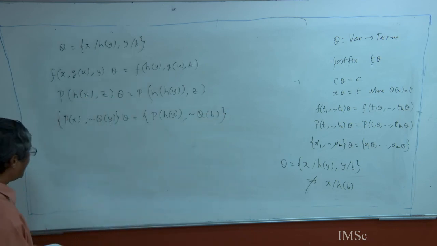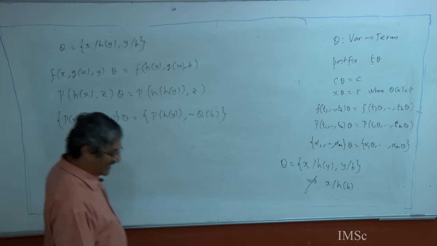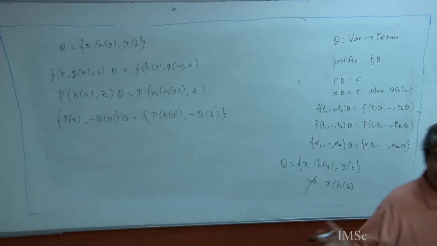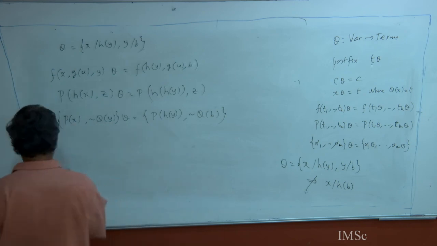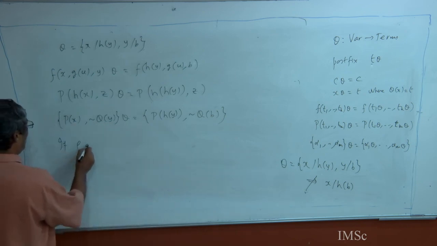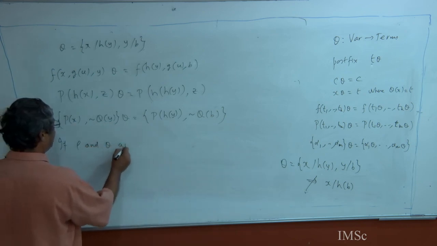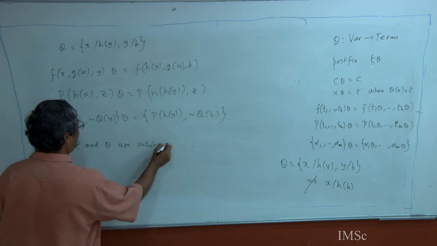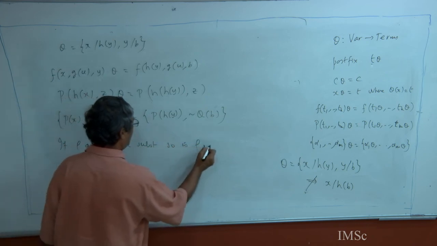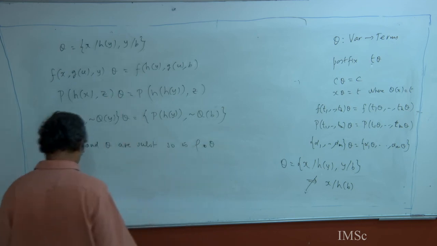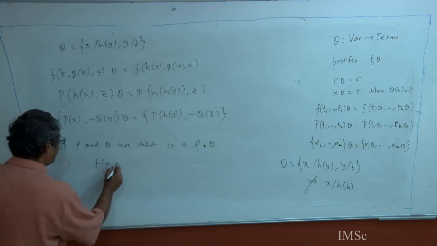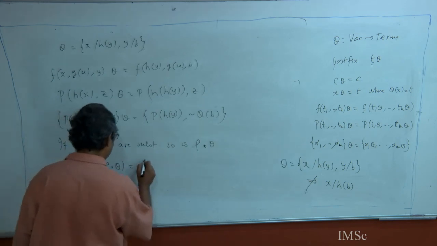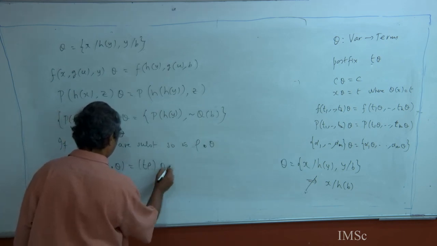Now you can start looking at instances, and an important one is that these things get composed. If rho and theta are substitutions, so is rho composed with theta, and t of rho composed with theta is t rho, then theta.